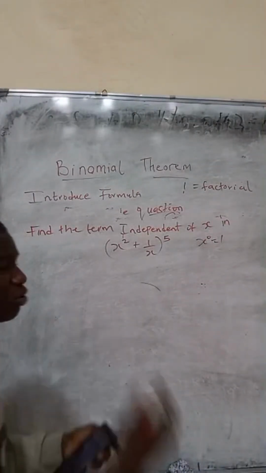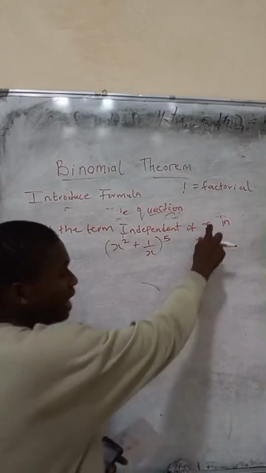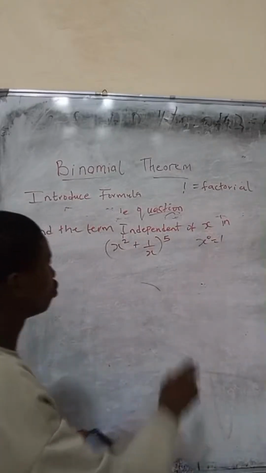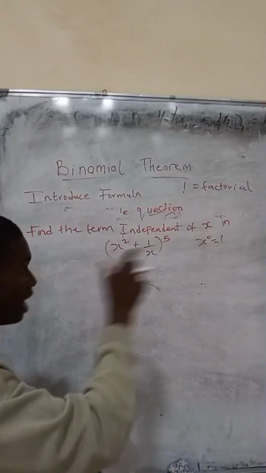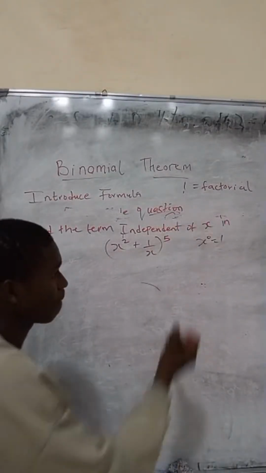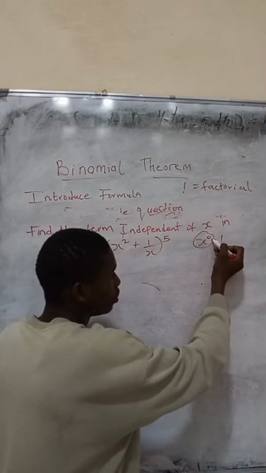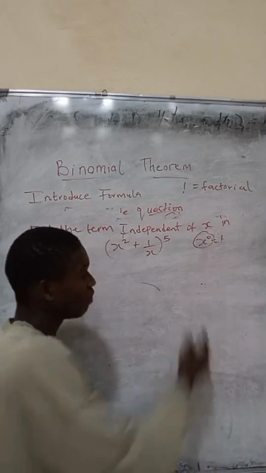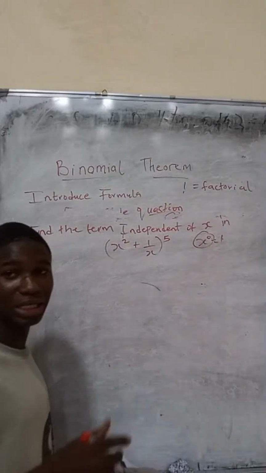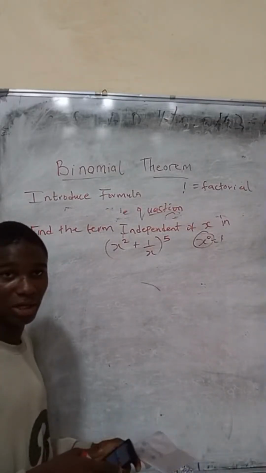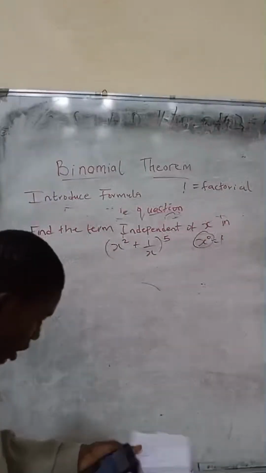I repeat, in any question in the binomial theory, for a term to be independent of x, since x raised to the power of 0 is 1, the power of x needs to be 0 before you can say it is independent. You understand?